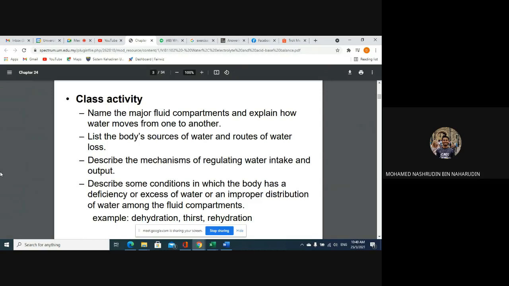Okay, you can look at the diagram of our body and then try to draw or list down. In fact, you can list down from consumption through the oral cavity, and then go to the esophagus. Then what else? Go to the stomach, and the stomach goes to the small intestine, large intestine.